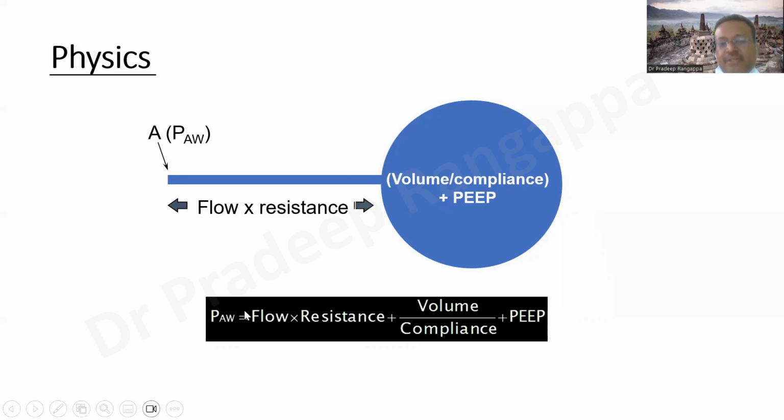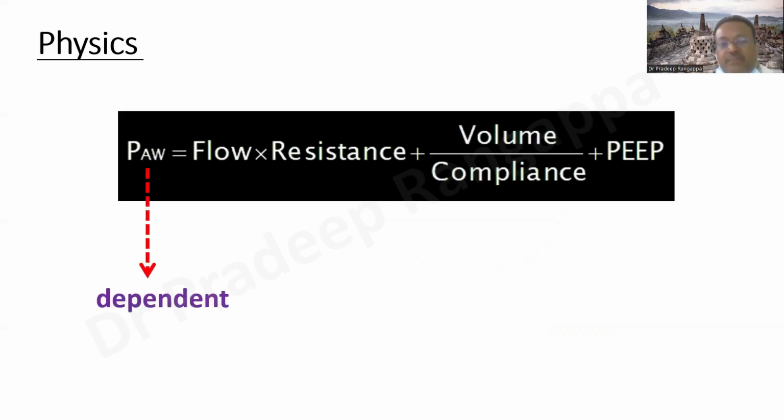So your whole airway pressure is equal to flow times resistance plus volume divided by compliance plus PEEP. And this equation is something which should be dinned into everyone's mind, because it determines the whole science of mechanical ventilation, because your whole gas flow within the lungs and out of the lungs is determined by these parameters or variables.